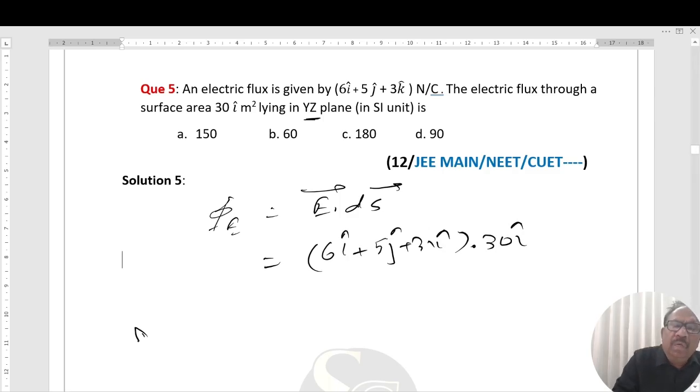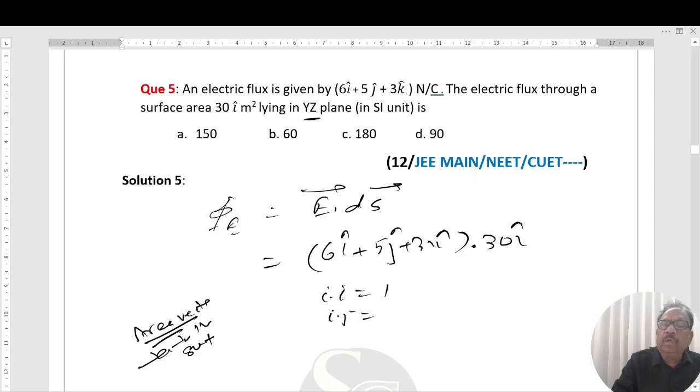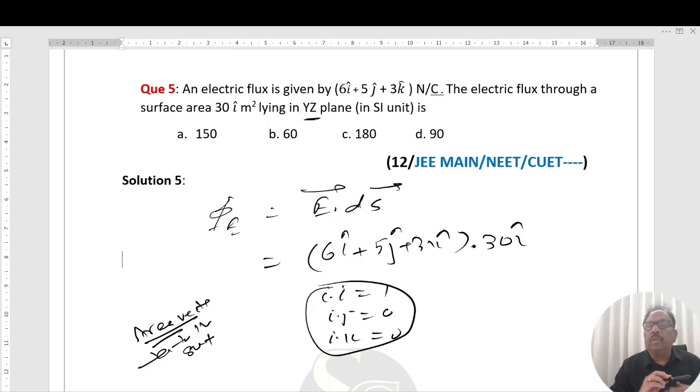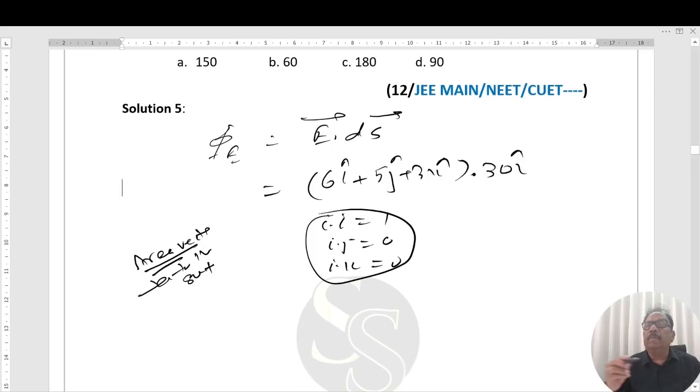You know the area vector is always perpendicular to the surface. In this case, the surface lies in the YZ plane, so the area vector is along the x axis. We know i dot i equals 1, i dot j is 0, i dot k is 0. On simplification, we get 180 plus 0 plus 0, which comes out to be 180.